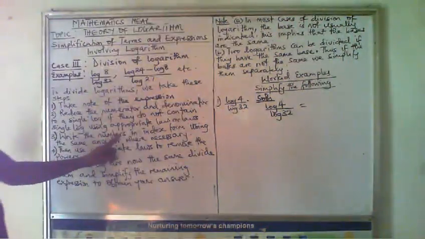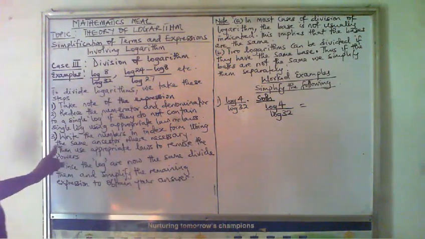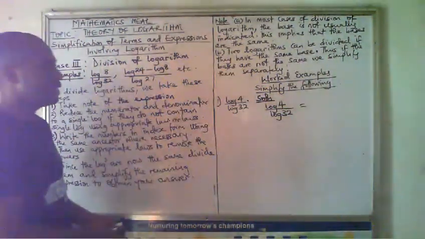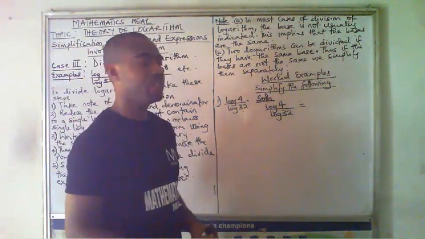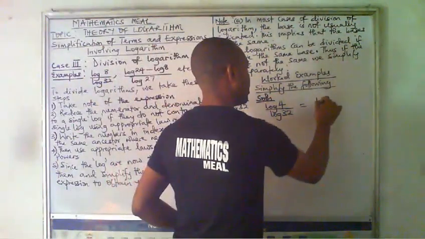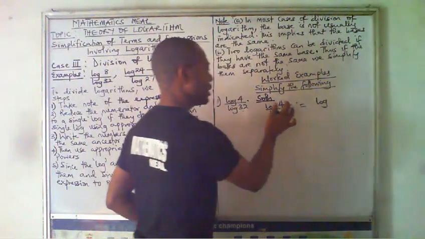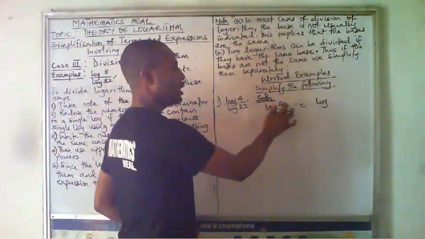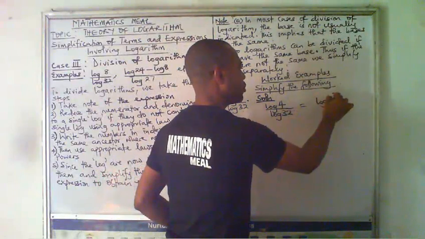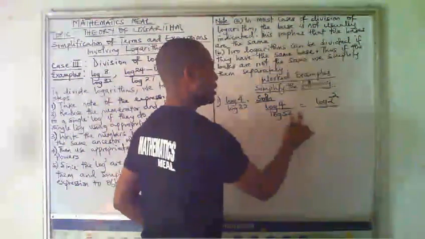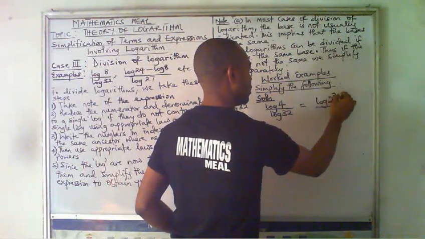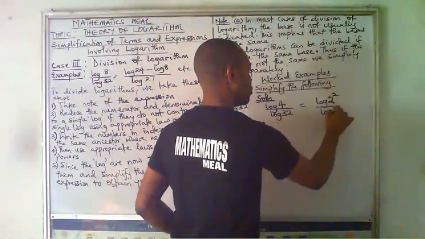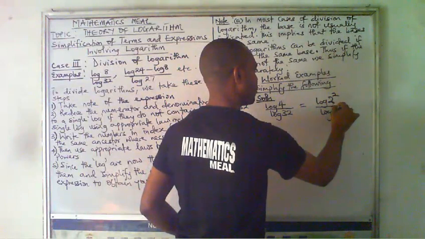Write the numbers in index form using the same ancestor where necessary. 4 and 32 have the same ancestor, which is 2. If I write 4 in terms of the ancestor 2, it will be 2 raised to power 2. If I write 32 in terms of 2, it will be 2 raised to power 5.